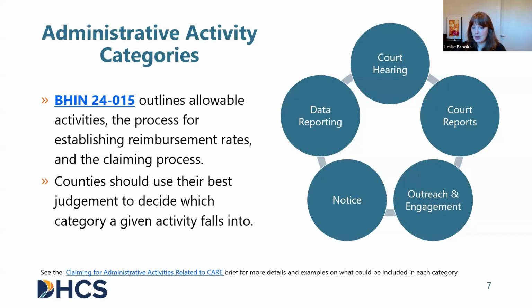This includes travel time, and it's also really important to note that this includes activities that happen prior to completing a petition for an individual and after a petition is filed. Delivering notices or serving notices, and then all of the data reporting requirements that go along with the CARE program. So these activities are described more fully in the guide.